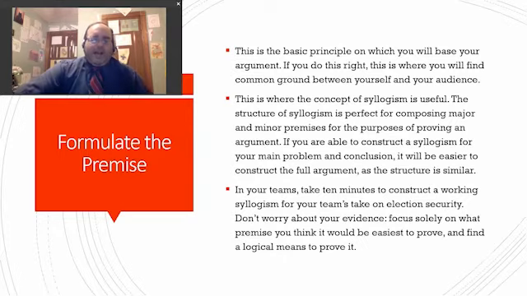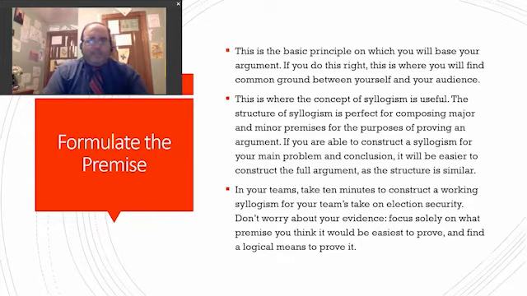Come together with your teammates, using what you have written in your journals, and come up with a general argument that you want to make about election security based on these articles. For the purposes of this, don't worry about your evidence. Instead, focus solely on what premise you think would be easiest to prove and find a logical means to prove it.